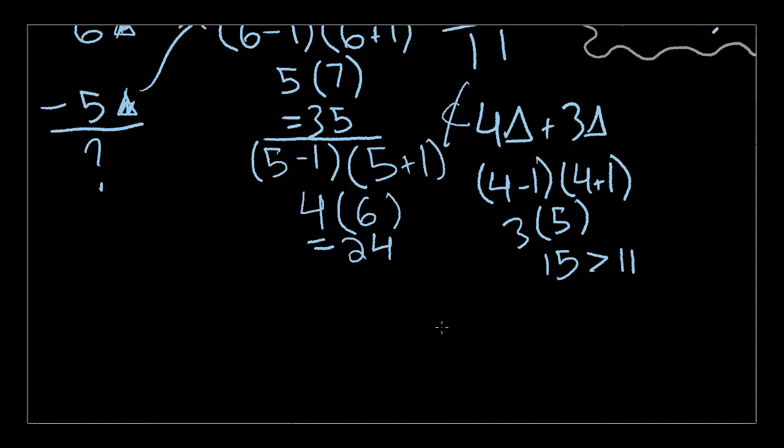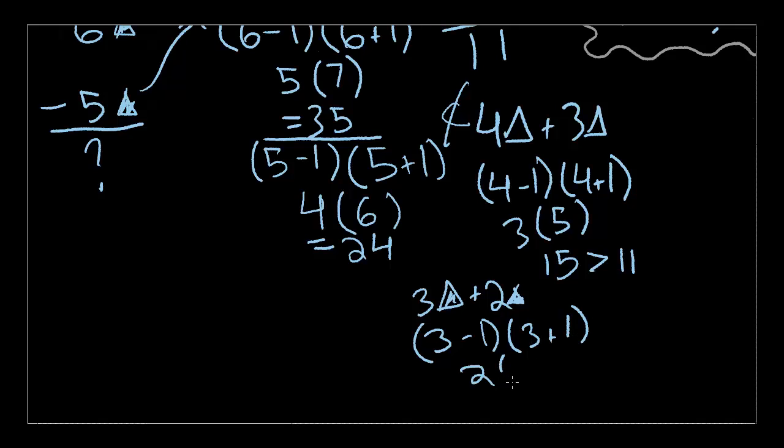Let's try B. B is 3 triangle plus 2 triangle. 3 triangle is 3 minus 1 times 3 plus 1, so it's 2 times 4, which is equal to 8.